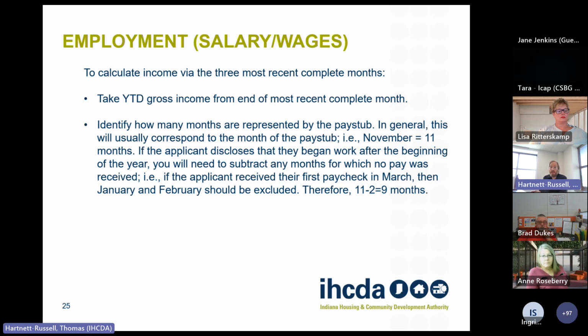And if you need to call IHCDA into it, we are very happy to assist you in advocating on behalf of our applicants. We do also have some pending language that we're trying to get into the MOA that will help with this, that we hope to be able to talk about tomorrow during the first session.